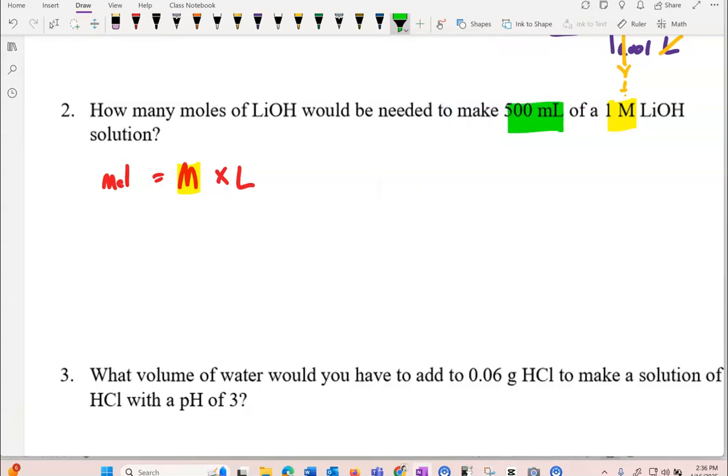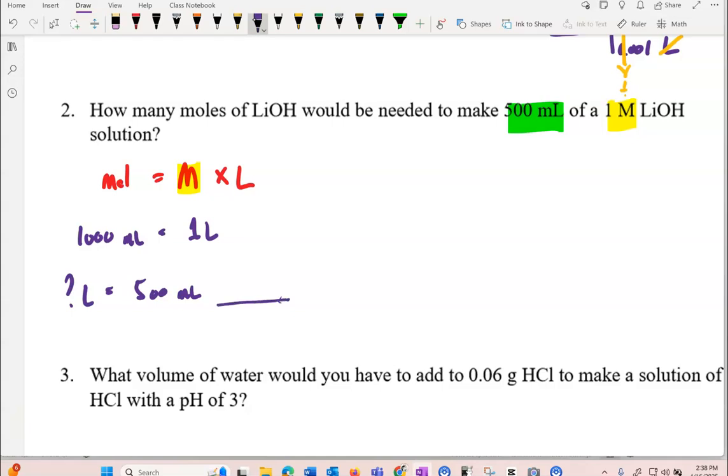If we remember that 1,000 milliliters is the equivalent of 1 liter, we can get this 500 milliliters into liters pretty easily. So I'm going to ask how many liters is equal to 500 milliliters.